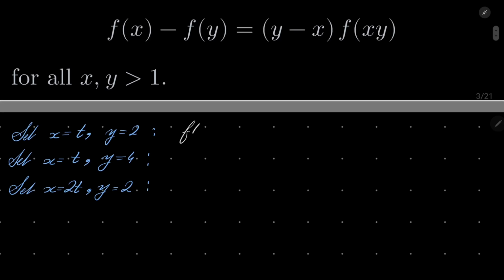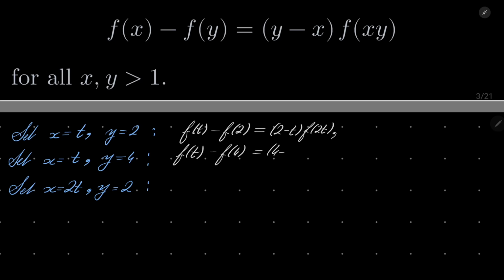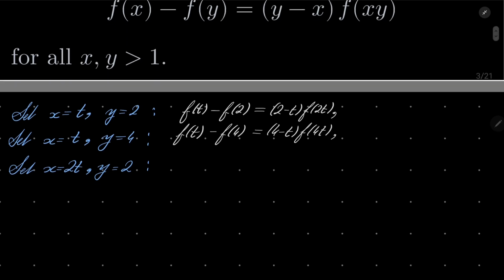First, f(t) − f(2) = (2 − t) f(2t). f(t) − f(4) = (4 − t) f(4t). And finally, f(2t) − f(2) = (2 − 2t) f(4t).